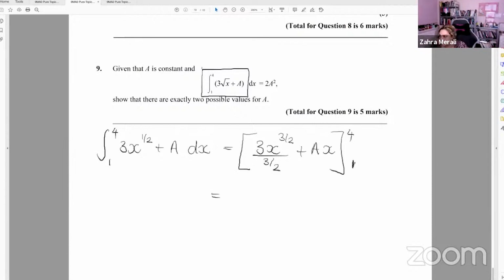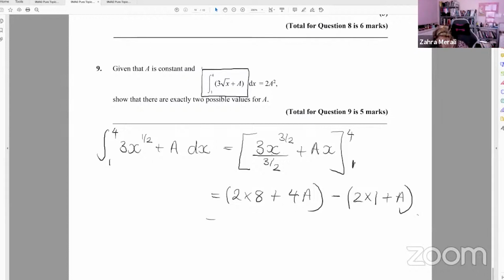So if I stick 4 in, that's going to become 2 times 4 to the 3 over 2. So that's just going to give me 2 times 8 plus 4a, minus sticking 1 in, which is going to give me 2 times 1 plus a.